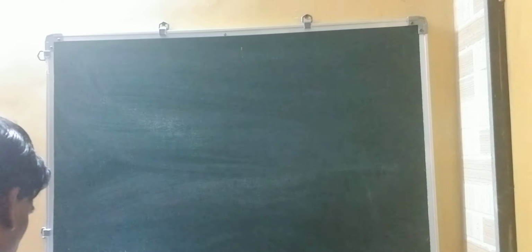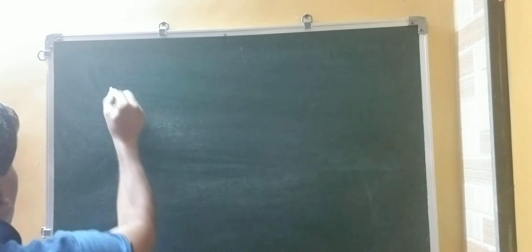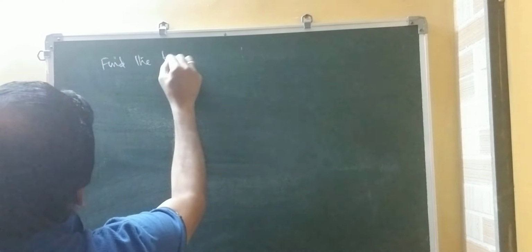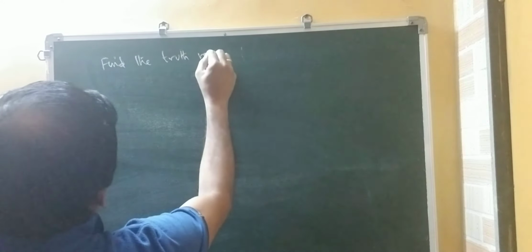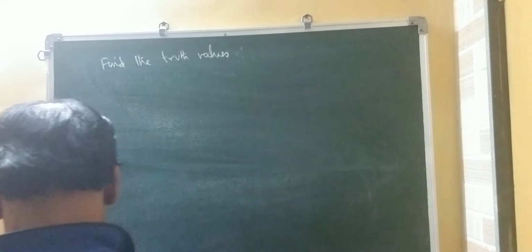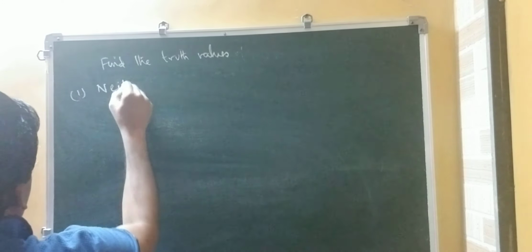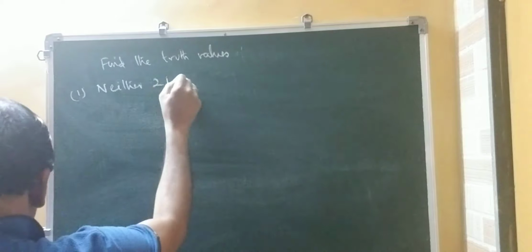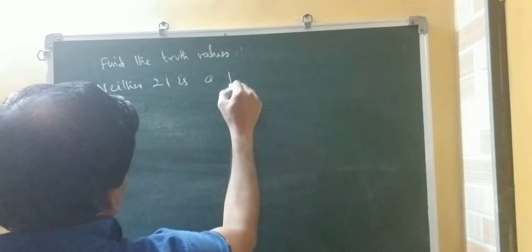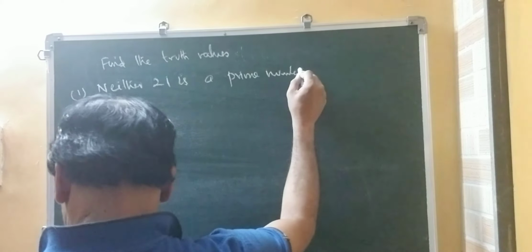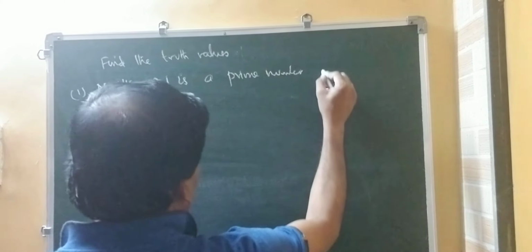We have to find out the truth value. Okay. Find the truth values. 1. Neither 21 is a prime number nor it is divisible by 3.